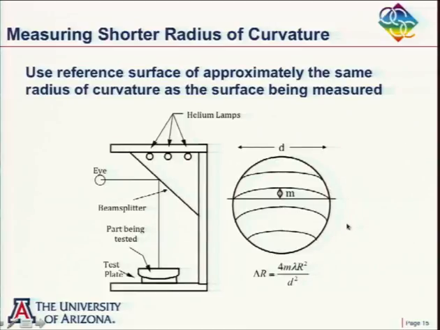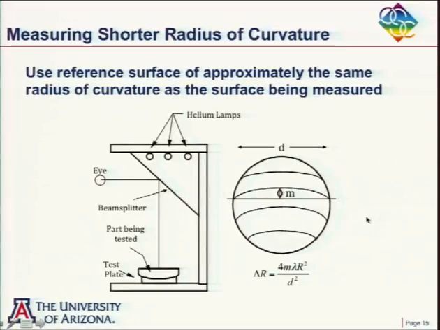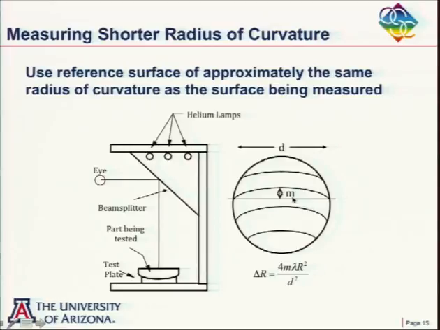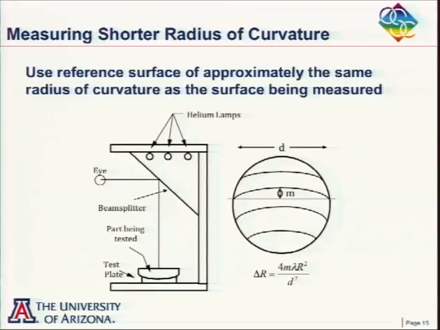I was thinking of circular fringes, but it could be just curved fringes like this, and I just see how much it curves, and so m is not necessarily an integer. It could be some fraction of a wave, and still put that in the equation. Okay. Any questions on that?